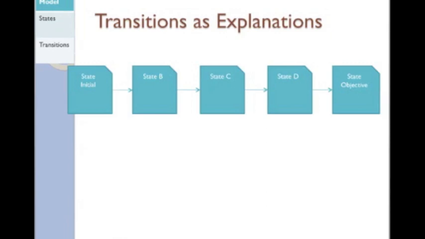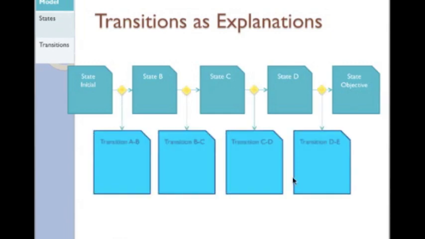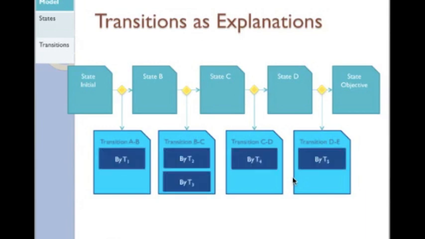Examples of explanations might be something like because of gravity, or because the switch is now on, or because part A is connected to part B, or because of the principle of cohesion, etc. Explanations come in a variety of forms, but these forms tend to be only of a few kinds, which we'll discuss later. By convention, we say that state A changes to state B by T sub 1, where T sub 1 is one of the kinds of explanation.